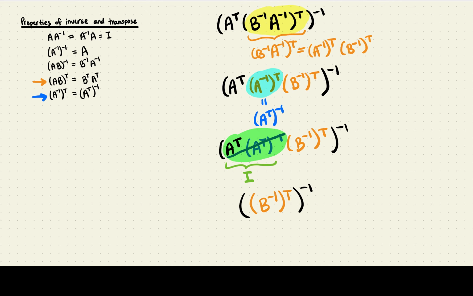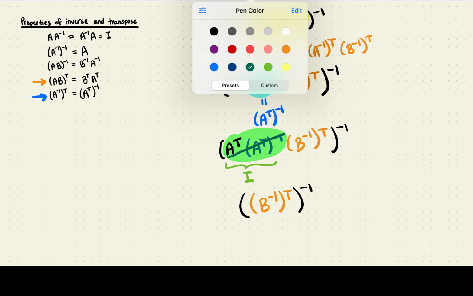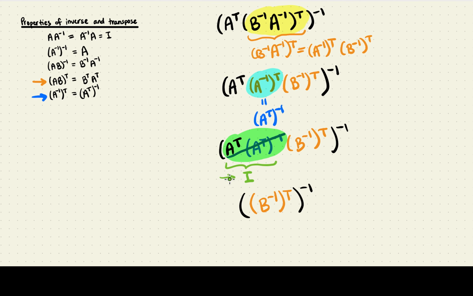All right, so once again, let me just highlight here that this thing that we did here with the identity, that was this first property. And now I'm going to focus on this term here inside the parentheses.